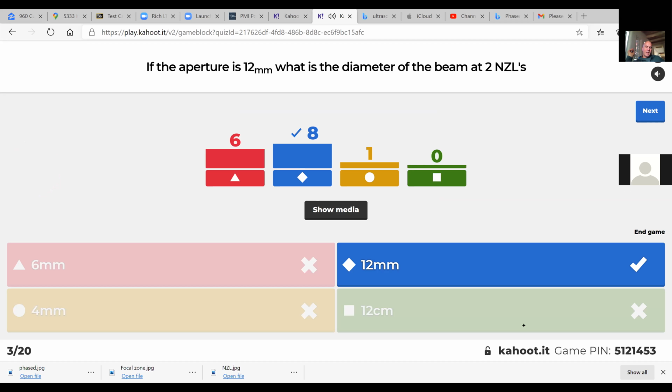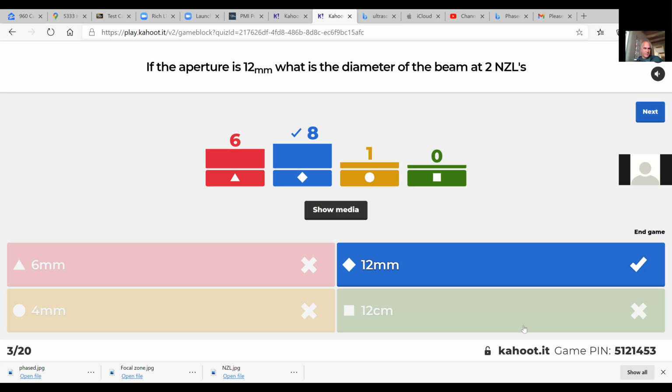Yes, most of you, well, the plurality of you got 12 millimeters. The aperture is 12. In other words, the face of the working part of the transducer, the very beginning of the beam, is 12. At 2 near zone lengths, it comes back to 12 again.